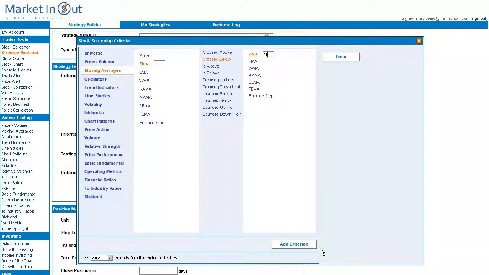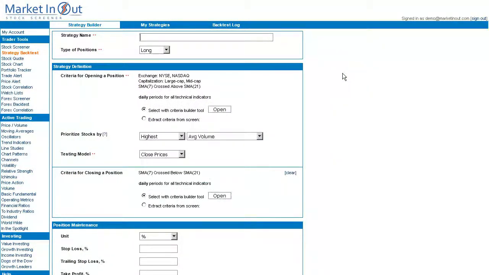Please note, for the closing a position criteria, there is no need to specify any stock universe, so I omitted any exchange capitalization criteria. Now I will hit the Done button to finish selecting the criteria for closing a position.